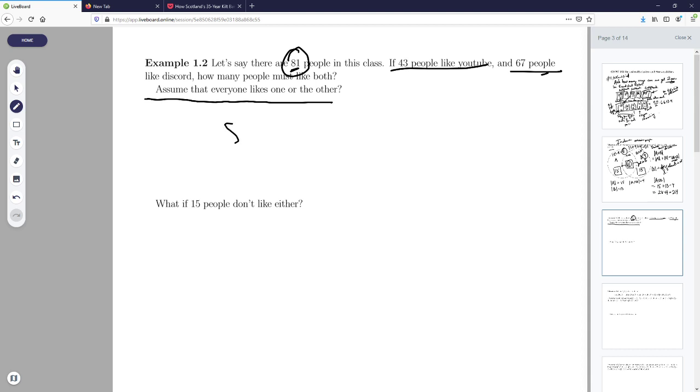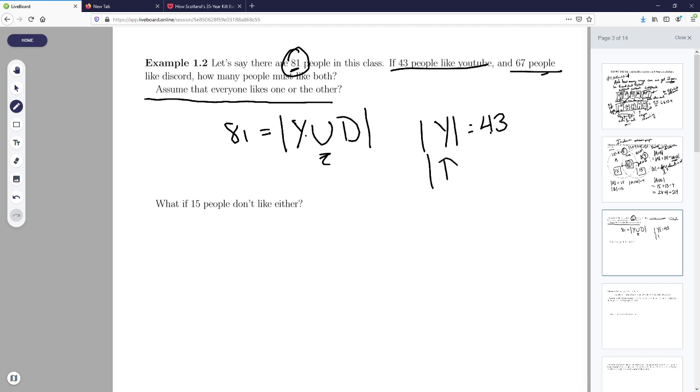So 81 is going to be equal to the people who like YouTube, which we'll denote as Y, union Discord. So it's the union, not the intersection. We know the people who like YouTube is 43, and the people who like Discord is 67.